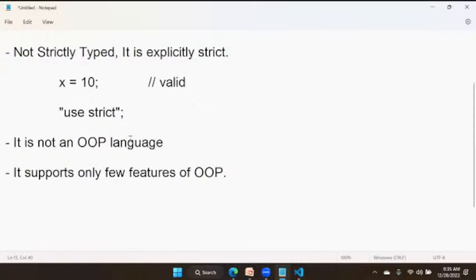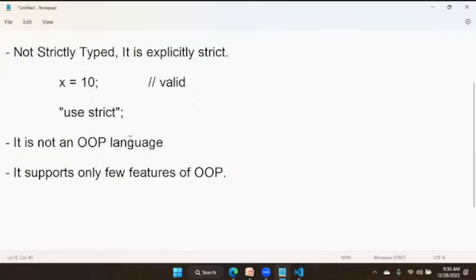JavaScript is not a complete OOP language. So it supports some features like code reusability, code separation, but many features are not supported. Due to that, it is not easy to extend. It is not good in security. So there are some issues in JavaScript with code level security and extensibility.